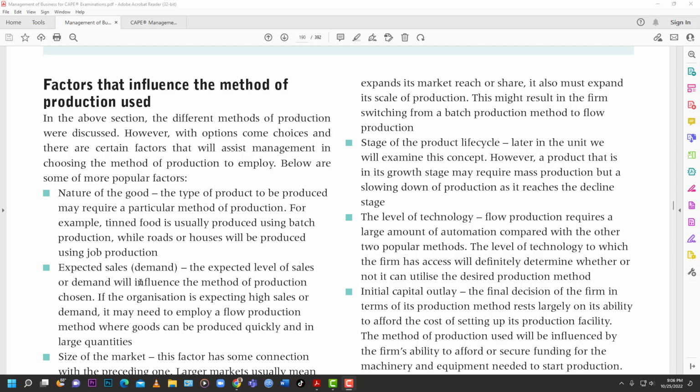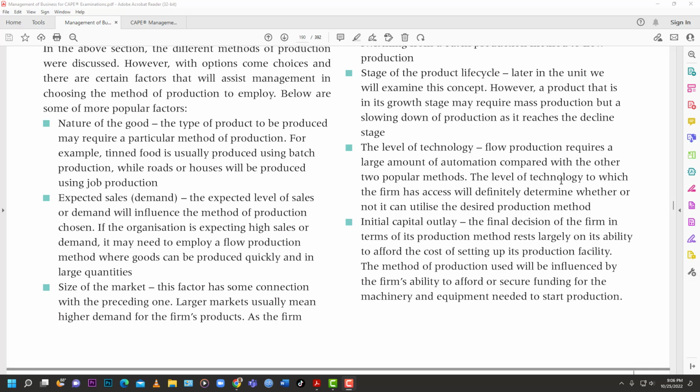Level of technology, right? Based on the methods we looked at, some require a lot of money and equipment, some don't require as much, and the ones that require a lot of equipment, you may want to go with flow, because if it's a mass produced item, you may want special automation, special equipment, and so that might determine that angle, right?